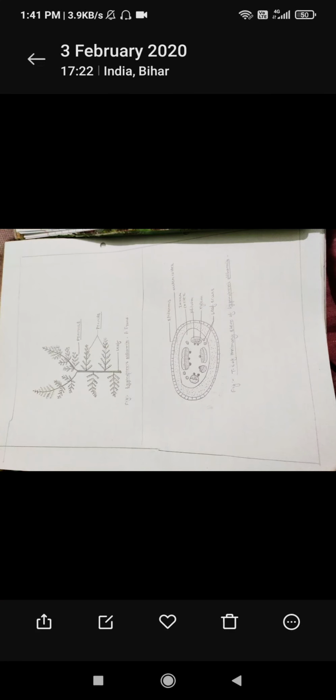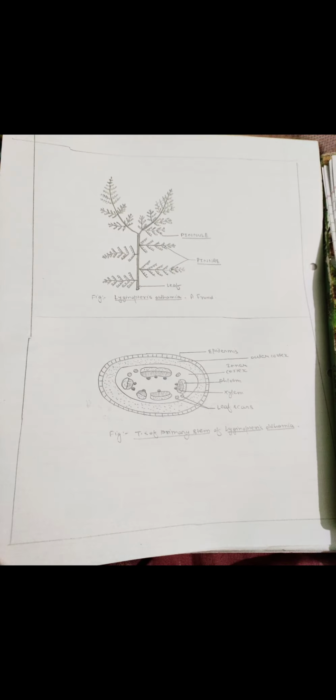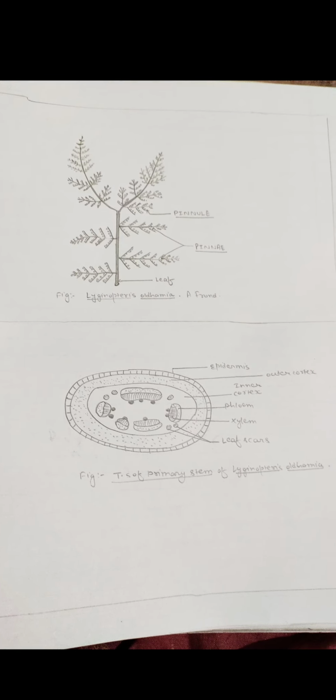So I made this regarding Lyginopteris oldhamia. This is a fossil gymnosperm, and this is the structure of the frond of Lyginopteris oldhamia.